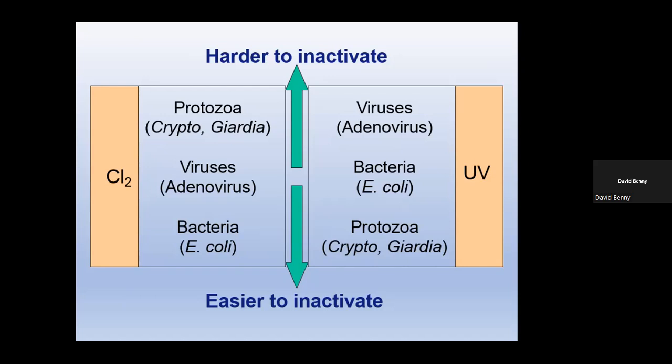But if it's a virus, it is not effective. On the other hand, the converse is true for chlorine. If you're using chlorine, bacteria and viruses are easy to inactivate, and protozoa are not. So the choice really is in terms of the environmental regulations or what you're hoping to achieve.